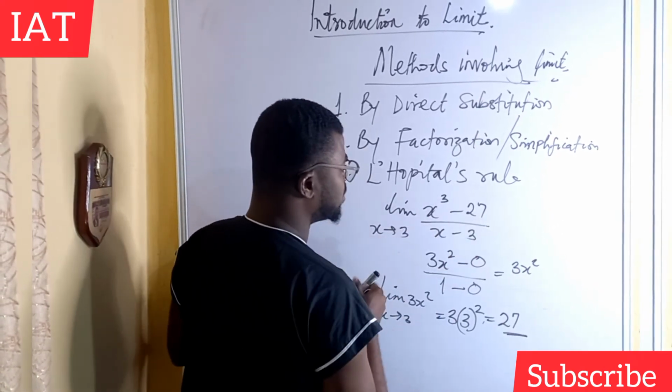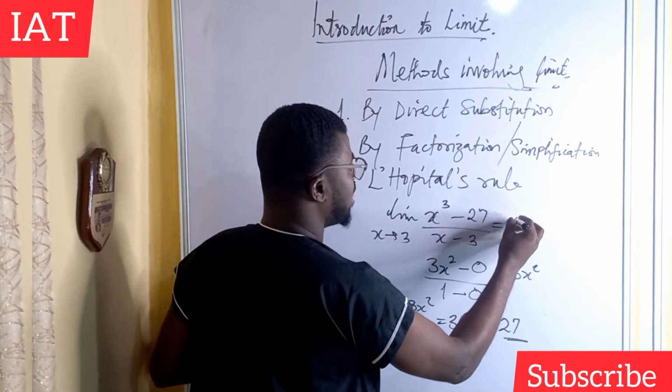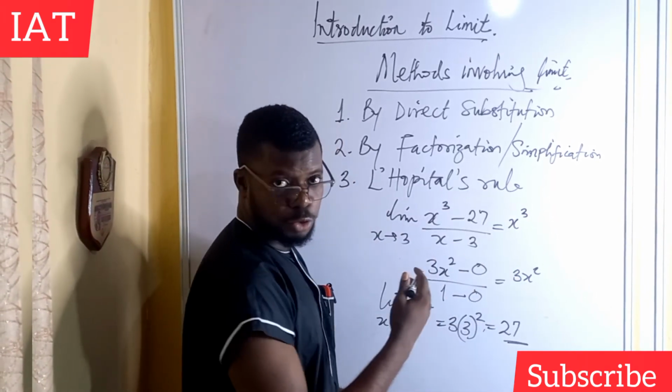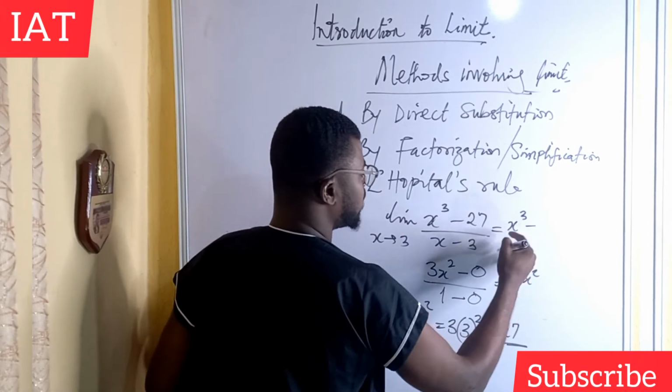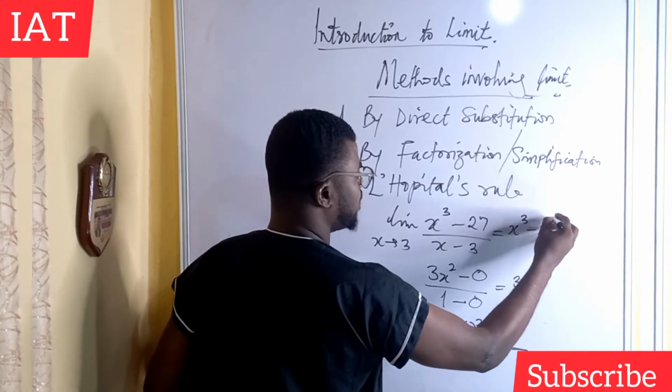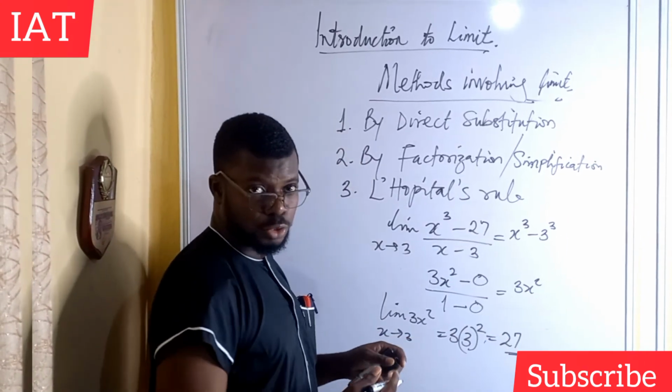When you see something of this nature, you can easily split it as x cubed minus 3 raised to the power of 3. It's the difference of two cubes.